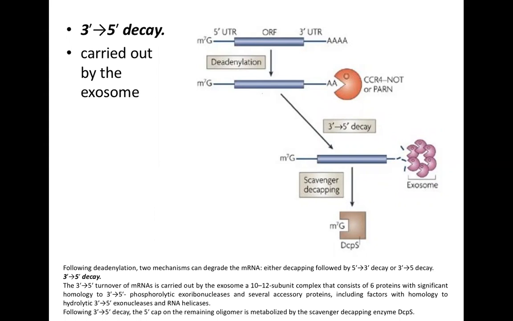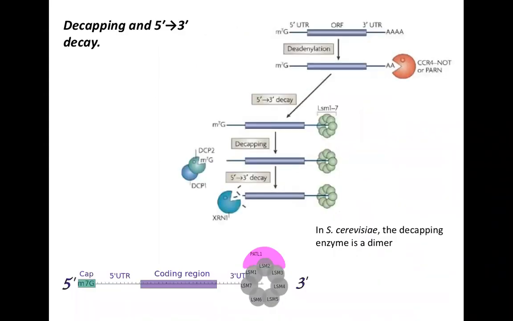Then we have the second option, which is deadenylation-dependent degradation. Now we are moving towards the other direction, which is 5' to 3' decay. We first destroy the poly A tail by the same deadenylases, and then rather than proceeding in the 3' to 5' direction, in this case the mRNA is destroyed in the 5' to 3' direction.